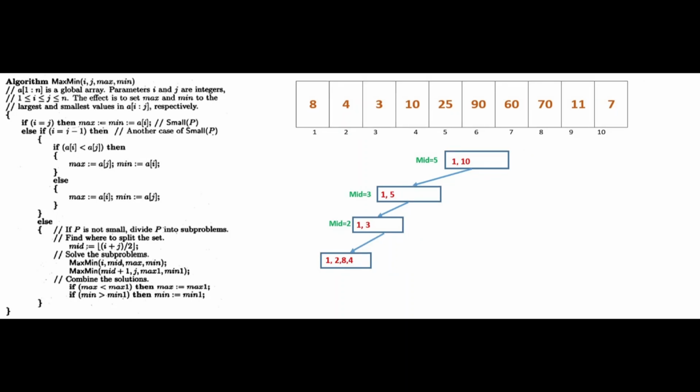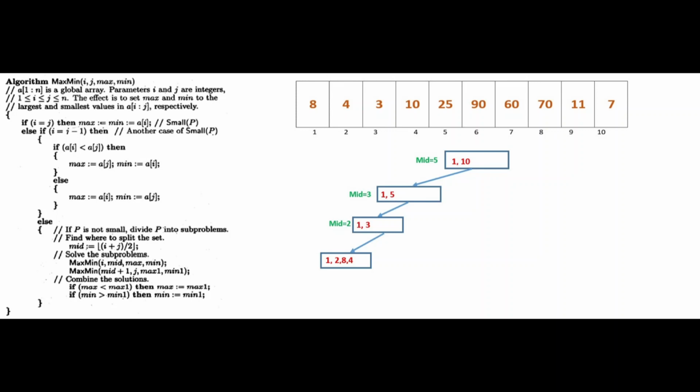Now we do not go to the last else block. The algorithm exits and control returns back to its parent algorithm. Its parent algorithm is the node with mid value equal to 2.